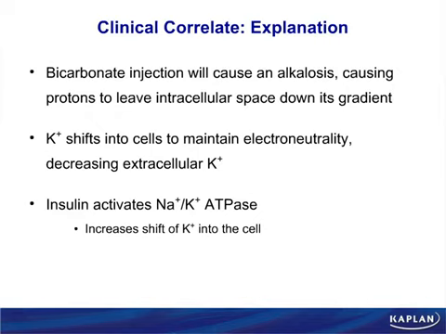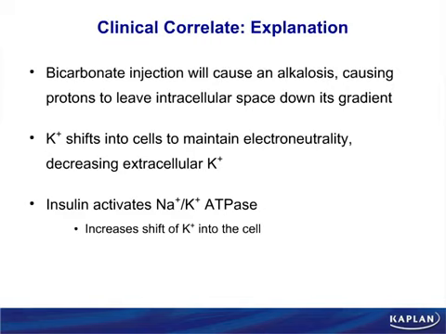By giving bicarbonate, that leads to a decrease in extracellular proton concentration. You're creating an alkalosis here. The decrease in extracellular proton concentration will cause a shift in protons from the intracellular space to the extracellular space.